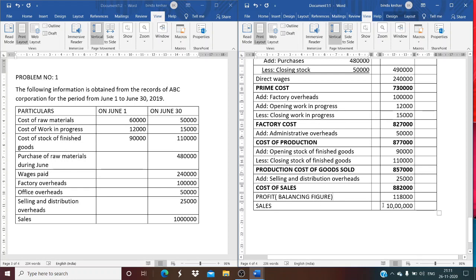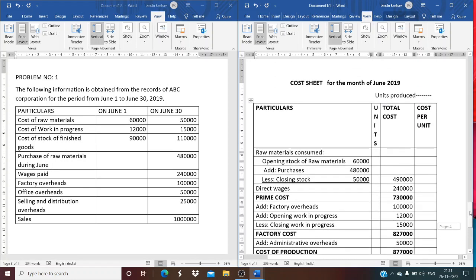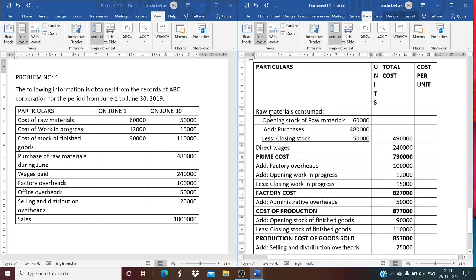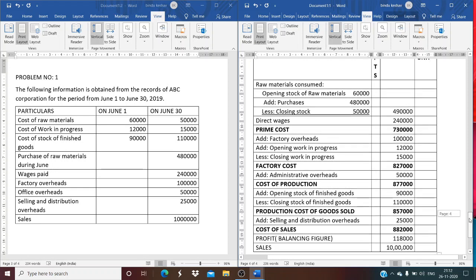This is the profit. So we'll see the cost sheet once again. The first information is regarding the materials consumed, then direct wages, then the prime cost, that is materials plus direct wages. To that we have added factory overheads, then we have adjusted opening and closing work in progress. What we have got is factory cost. To the factory cost we have added the administrative or office overheads.